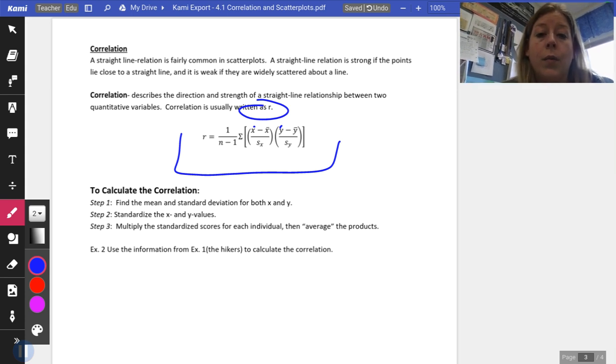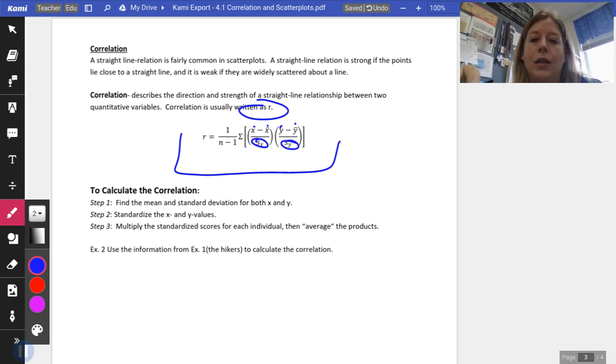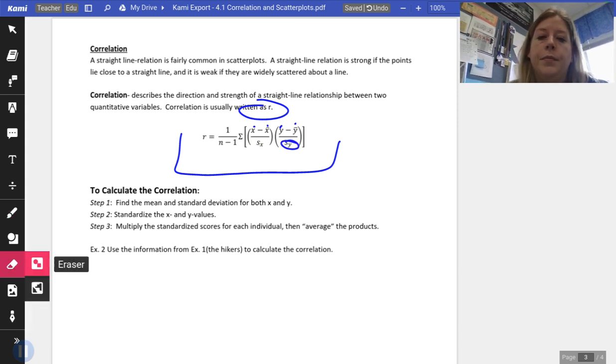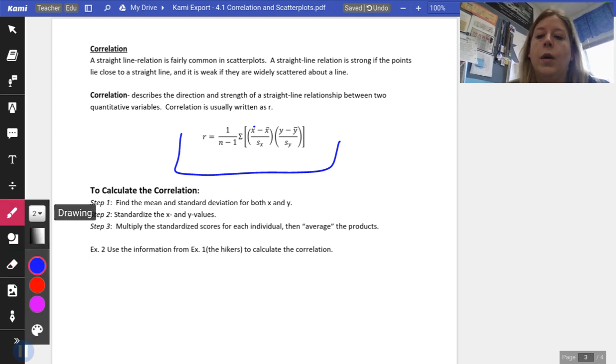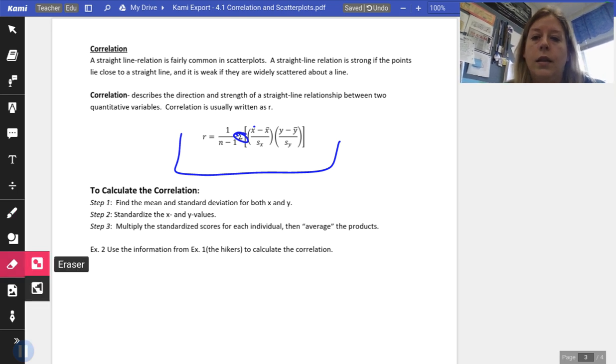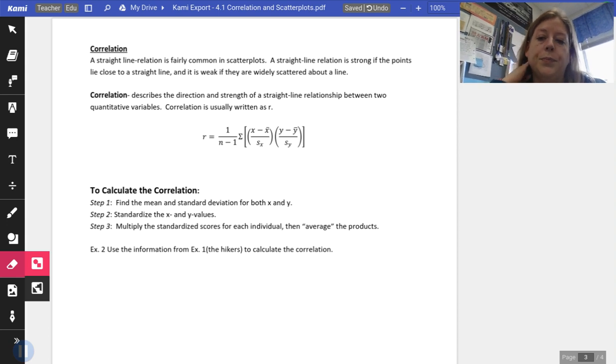The X bar and Y bar, that would be the average of the X's and the average of the Y's. And then you have your S of X and S of Y. That's standard deviation. Here you see the summation symbol, which is why we did that summation practice. And then we're going to multiply it by 1 over n minus 1.